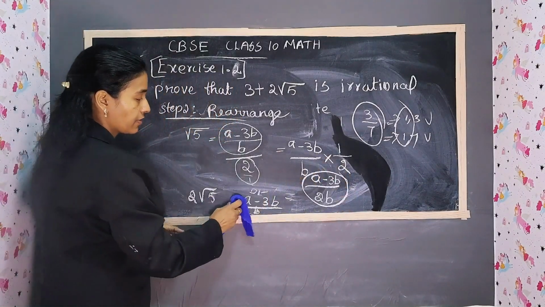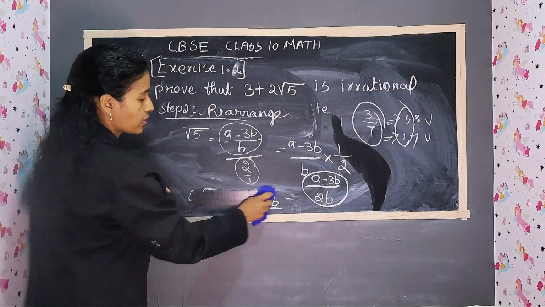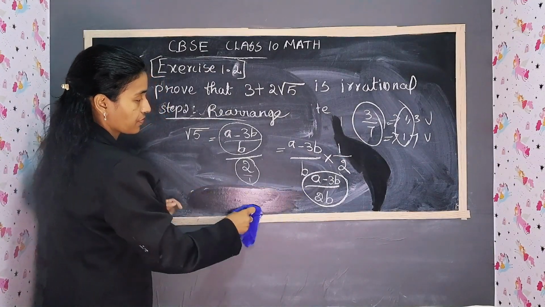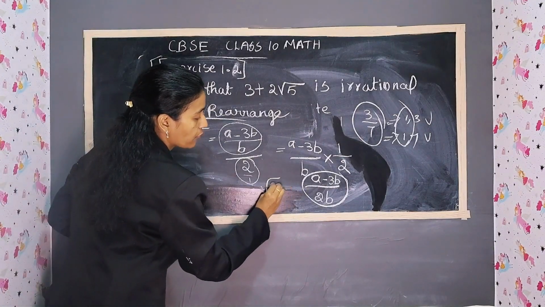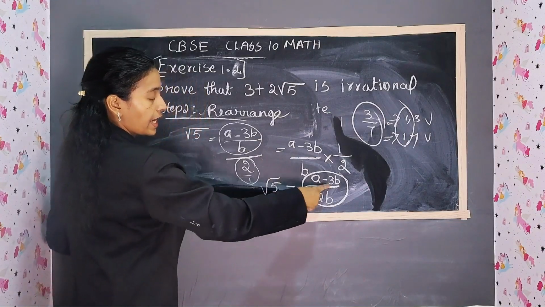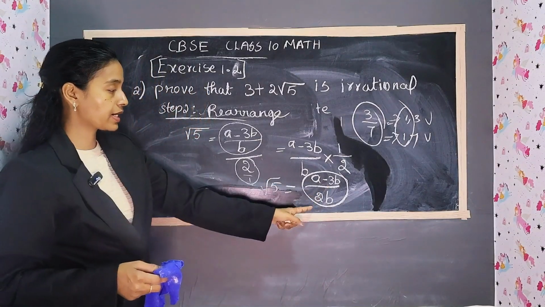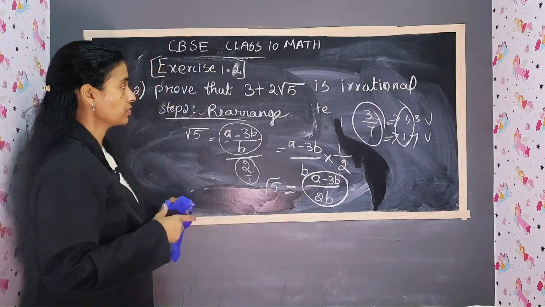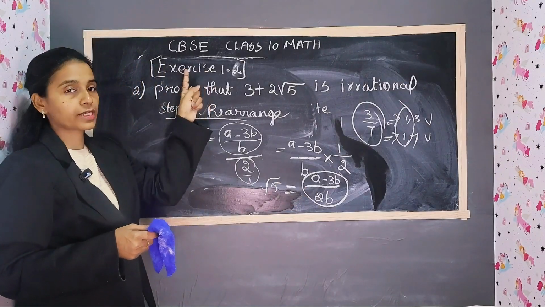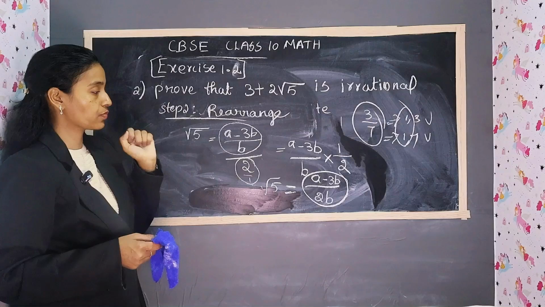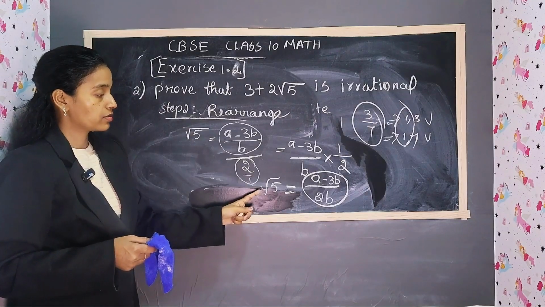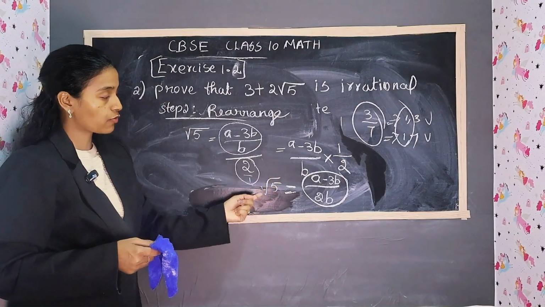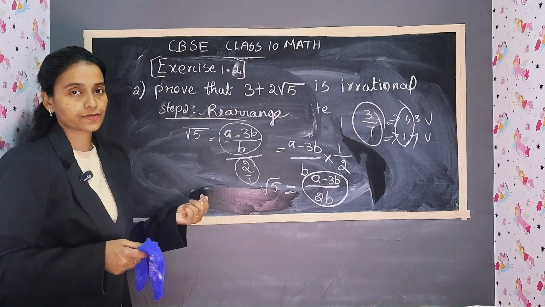Here on the left side what we have? Square root of 5. Square root of 5 equal A minus 3B by 2B. If you solve the first problem in exercise 1.2, you can know the value of square root of 5.